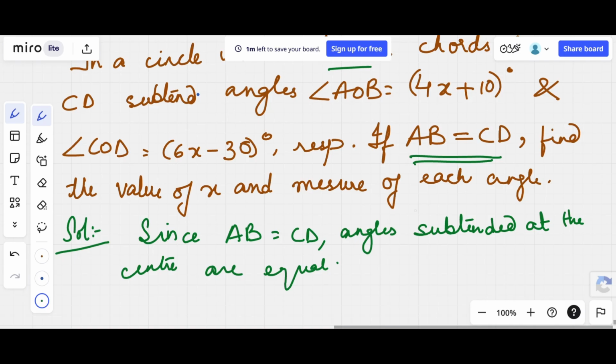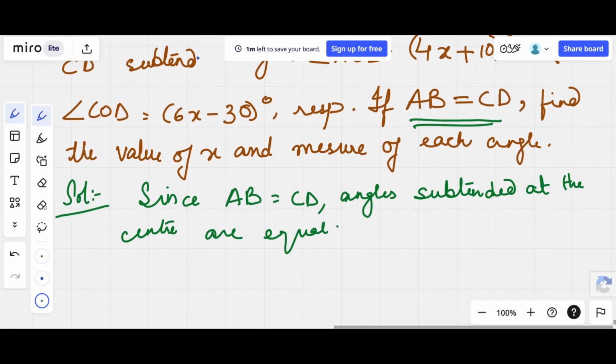Kids, try to visualize, try to connect what you have learned. The 3 theorems that we have learned, we will have to substitute in our questions. We'll have to relate them. So here AB is equal to CD. Chords are equal. If chords are equal, angles will be equal at the center. So that is done.